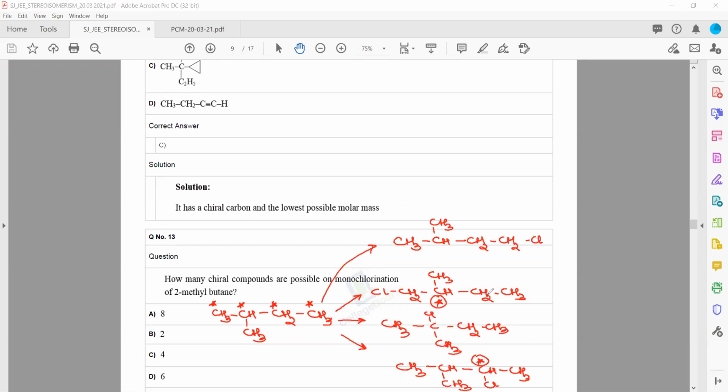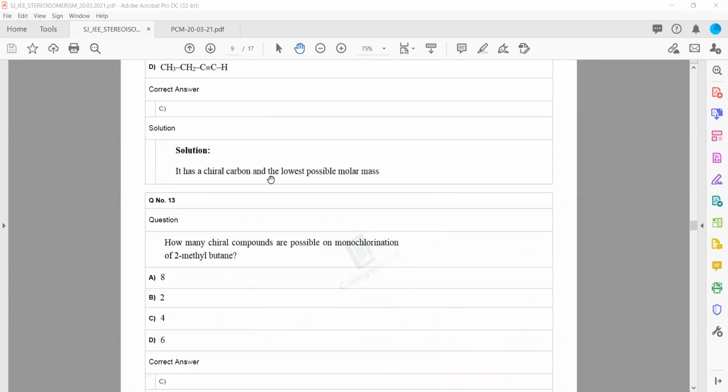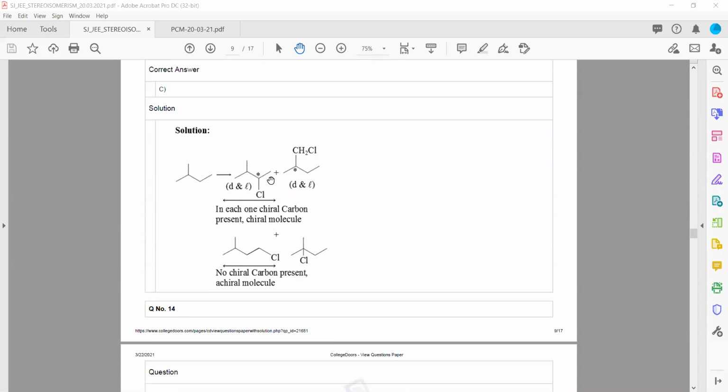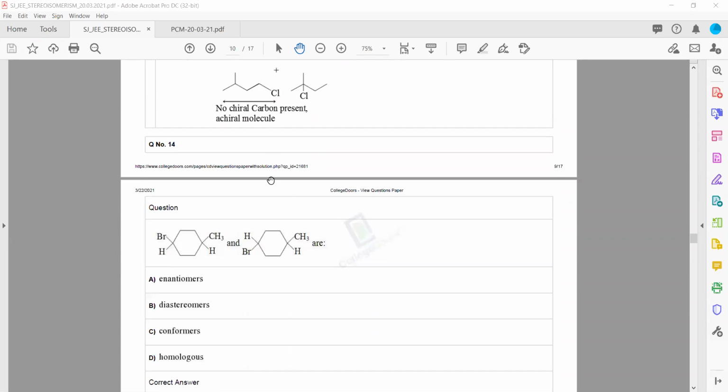Two, dextro and levo, and this also will give 2. Finally, on monochlorination, how many compounds are you going to get? 2 and 2, right? Understood? There will be a total of 4 structures obtained. The question was on chirality, but we just needed to understand the word monochlorination.